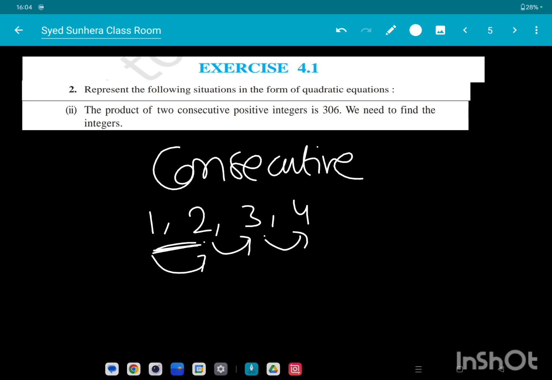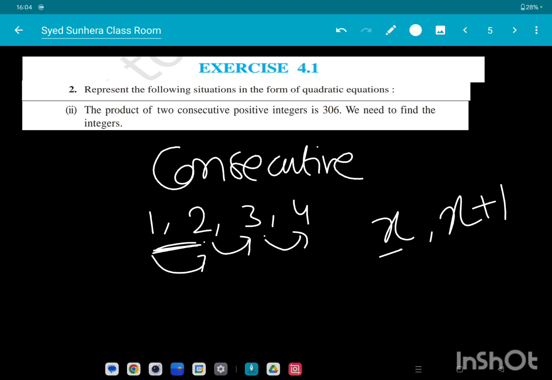So two consecutive positive numbers means one number will be x. Let us assume x be the one number, then the other integer will be x plus 1, because consecutive means the beside number of the previous number.